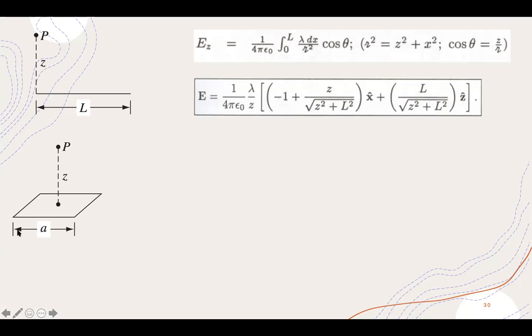Let's suppose the length of each side is given as A. So this is A, this is A, this is A. Then how are you going to calculate the electric field at the midpoint of this square, at a distance Z from the midpoint? So in that situation, how are you going to find the electric field? I'm just giving you the hint here, and try to solve this problem.